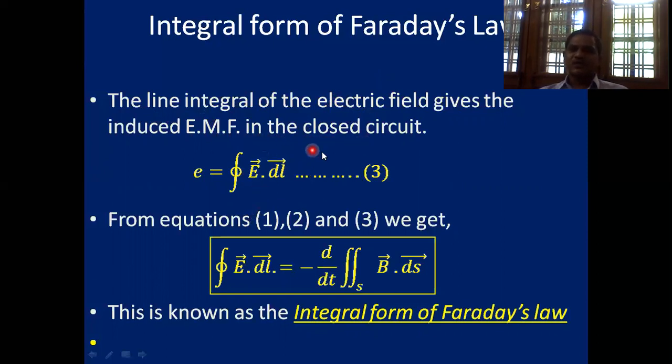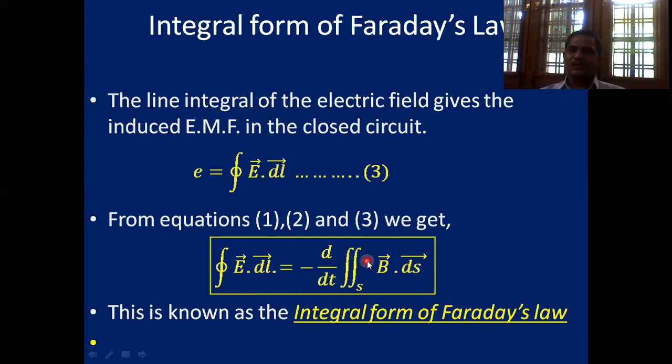So from equations 1, 2, 3, since according to Faraday's law the emf equals minus d phi by dt, and we have the closed integral of E bar dot dl bar, therefore the closed integral of E bar dot dl bar equals minus d by dt of phi.